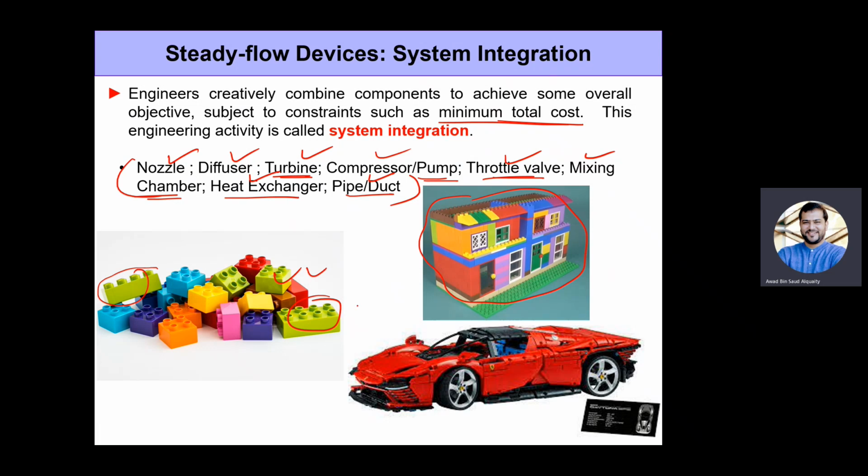Same way, if you want to build a car, a red sports car, then you combine all of these blocks in a different way, and you probably get some more components to get you this car, which is again made up of Lego blocks. So what I'm trying to tell you is, as engineers, you've got to think of nozzles, diffusers, turbines, and all of these devices as Lego blocks, which you can combine in different ways to achieve a certain objective.